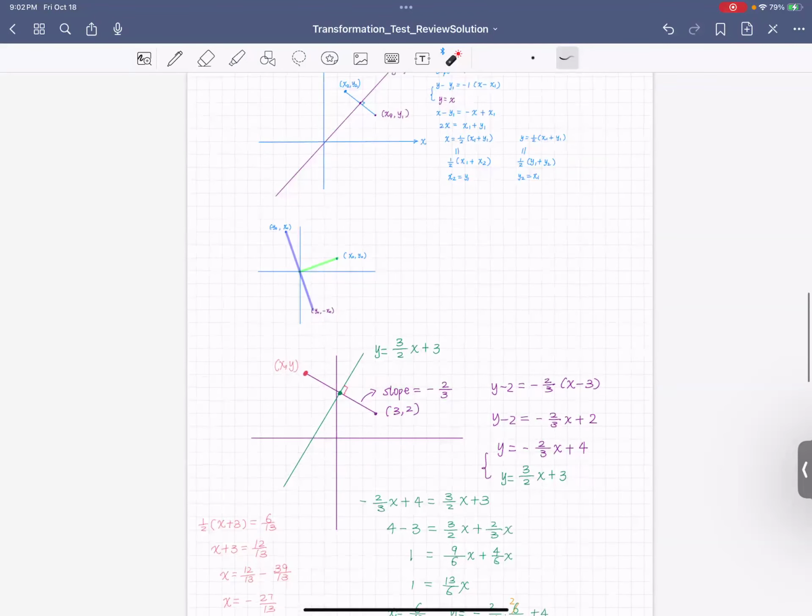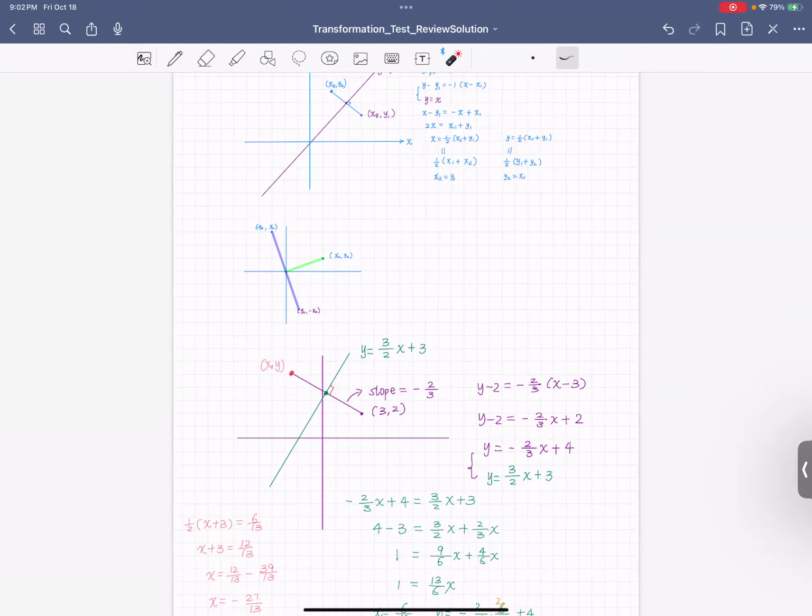Wait a moment. Mia, how come you have a positive? You have 12 over 13 minus 39 over 13. It is negative. Yes? Mia, did you see? So, girls, during the test or quiz, you draw a small negative sign on your left hand.